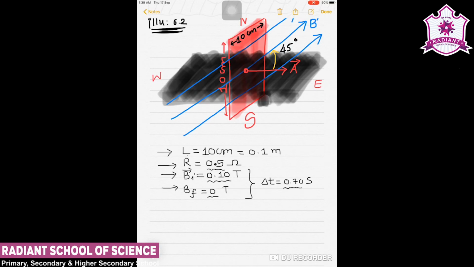It decreases and becomes 0 at a steady rate, so we are provided delta t also.